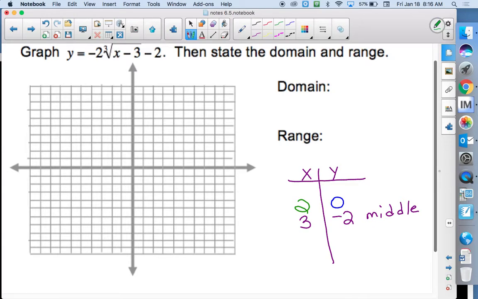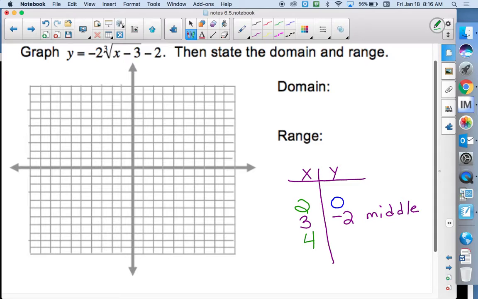All right, so let's pick another number. What number can we plug in for x that makes it a positive 1 on the inside? Well, Gavin, that could be a 4. So again, if you need to do a little scratch work, we now have negative 2 cube root of 4 minus 3 minus 2.